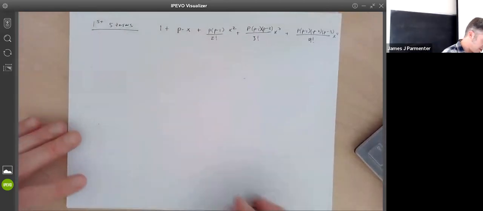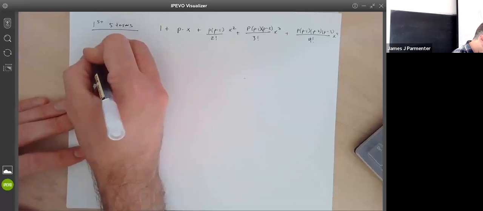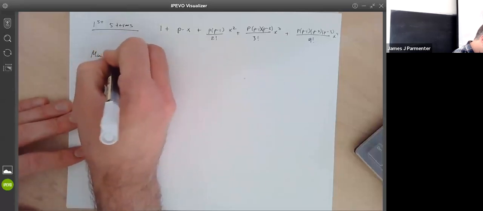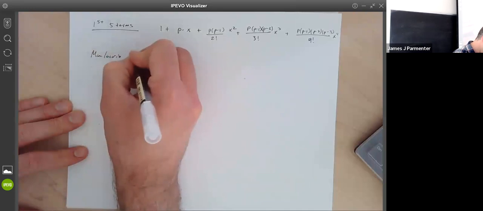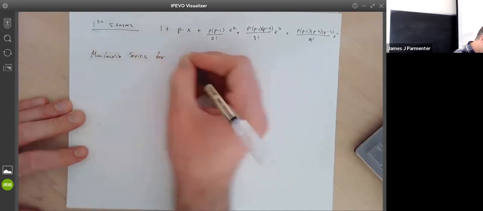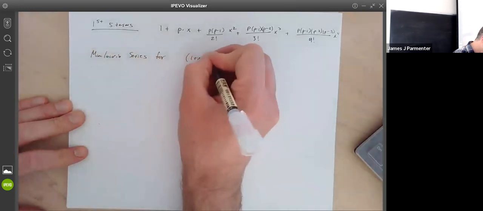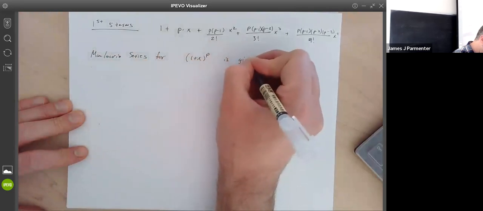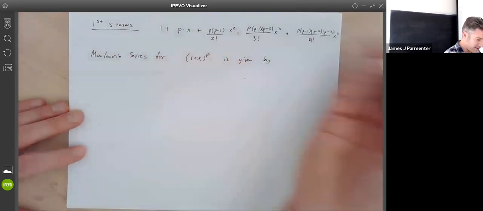The pattern being, the Maclaurin series for (1 plus x) to the p is given by the following pattern.